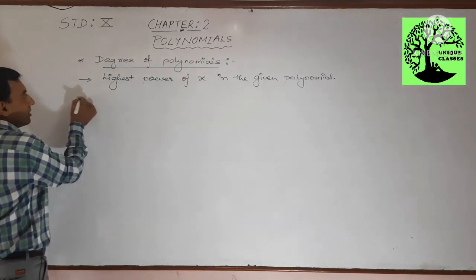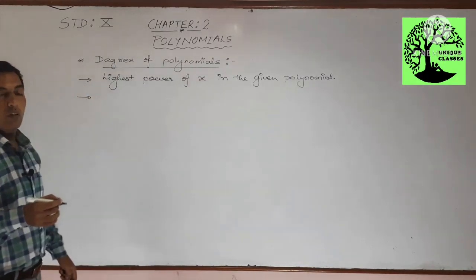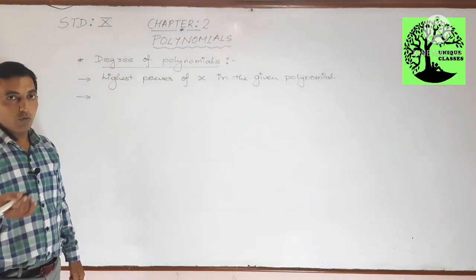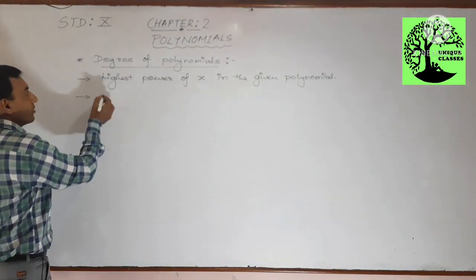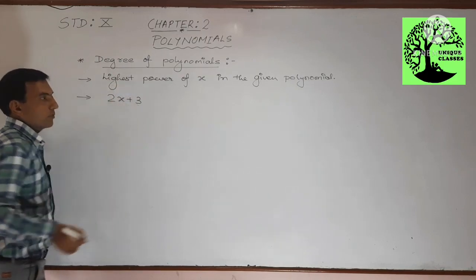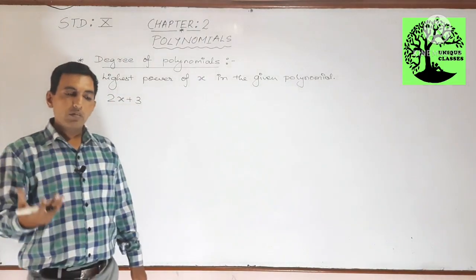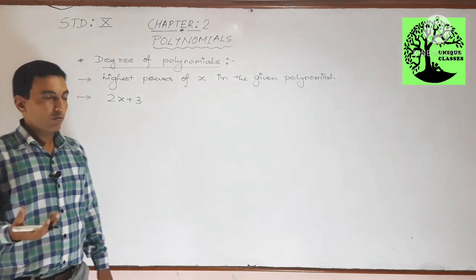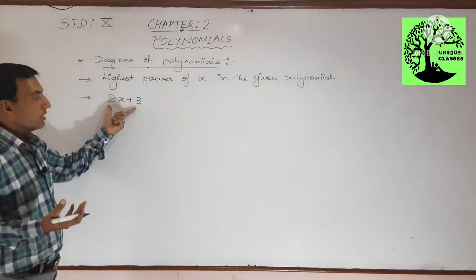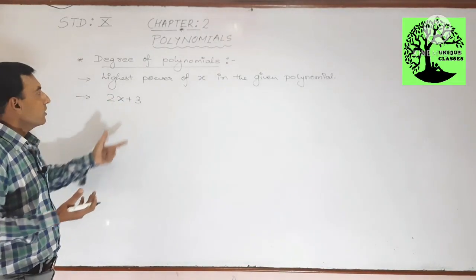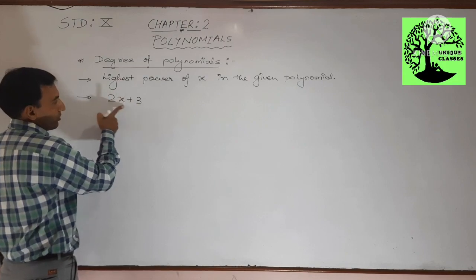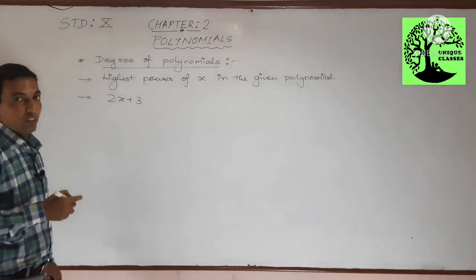Let us understand this topic or point in a much better way by taking few examples. 2x plus 3. We begin with simpler ones. So here a simple polynomial I have taken, that is it contains two terms, correct? So here the variable first you have to find out. You have to identify the variable.